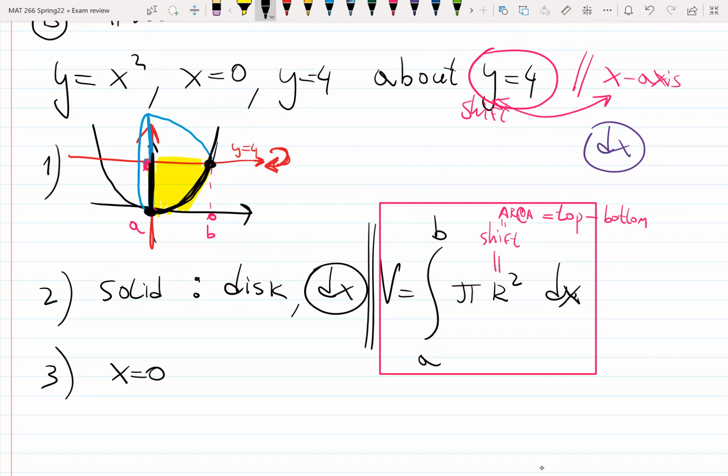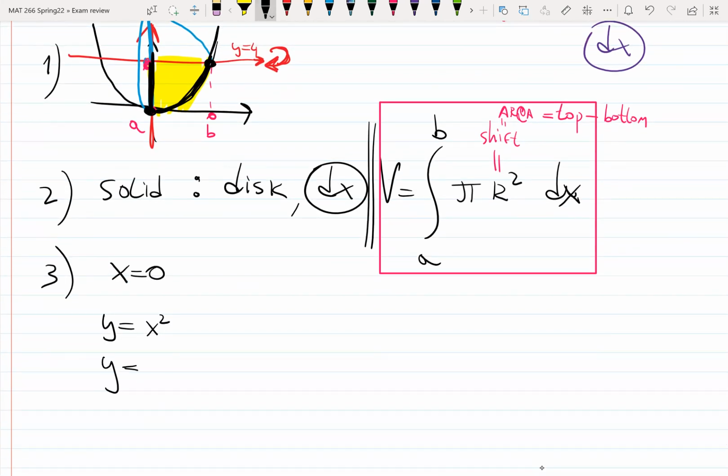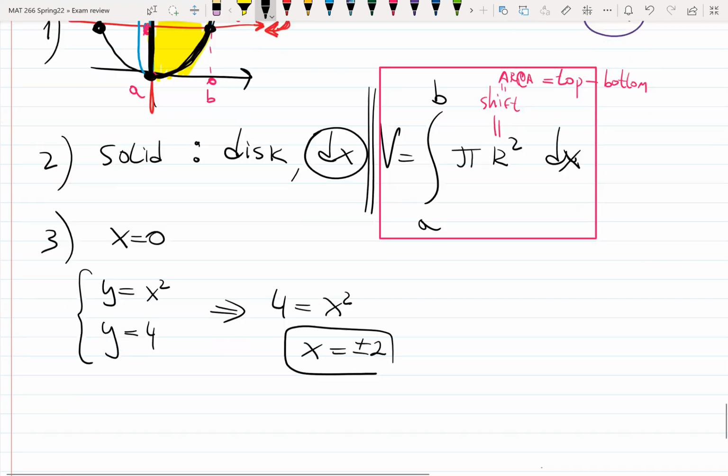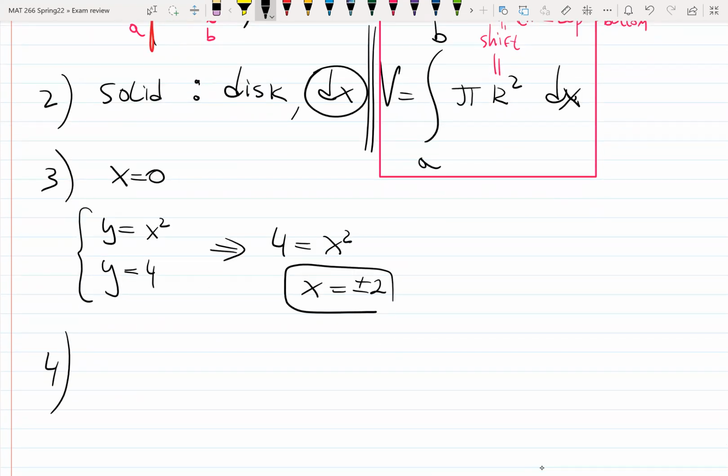The second one comes from intersecting parabola y equals x squared and y equals 4. So you see, if you're not patient or careful enough, you might assume it's 2, but it's not. It's 4 equals x squared. So x gives you 2 points, plus or minus 2. Minus 2 is this point over here, and we don't need it, so we only choose point plus 2. The integral is from 0 to 2 of pi r squared dx.